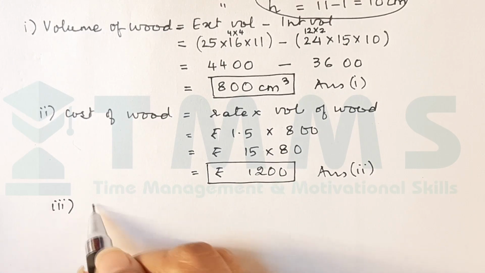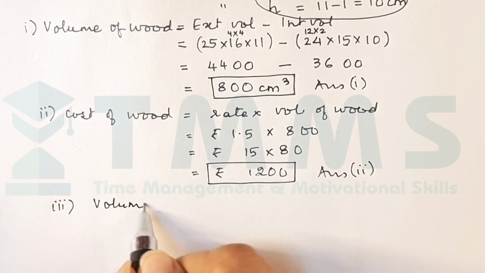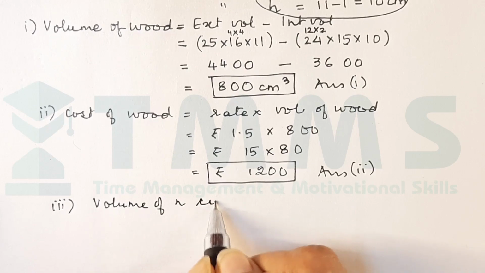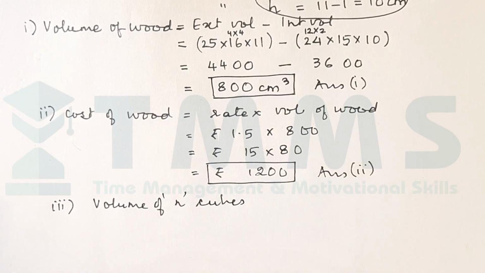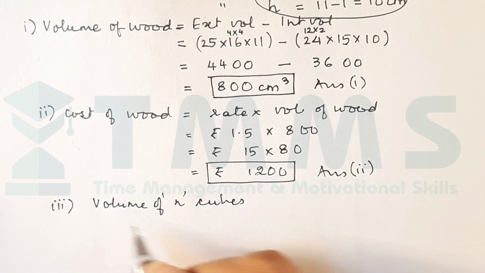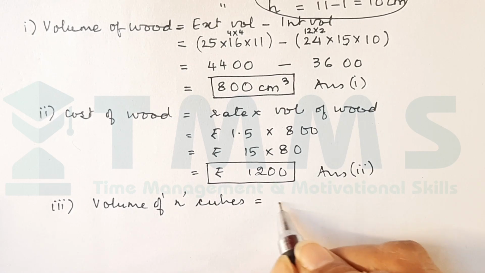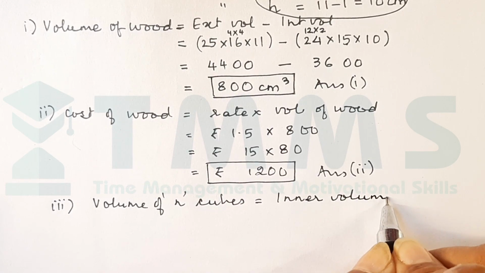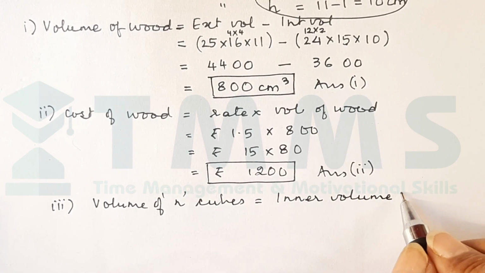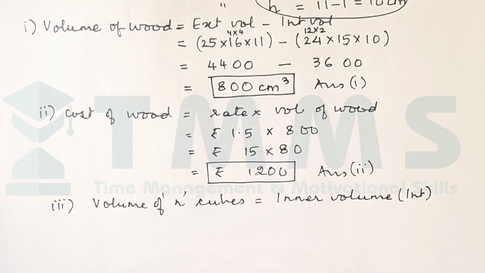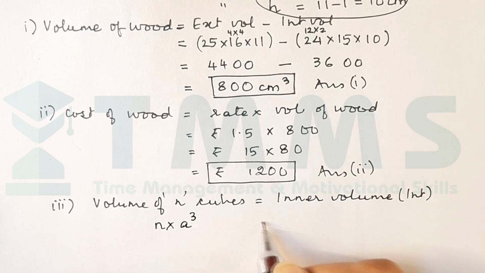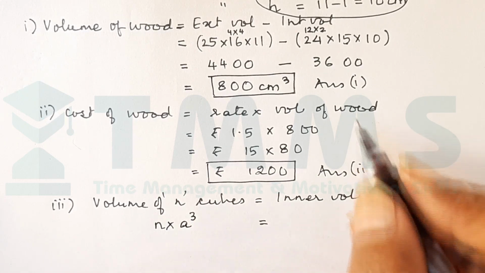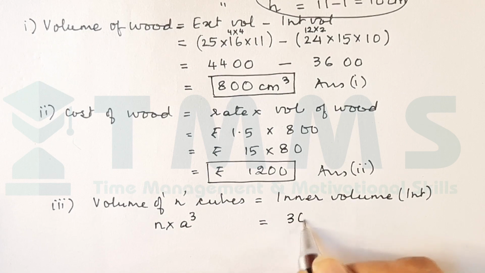What we will say? We will say volume of n cubes. Because we do not know how many cubes are there, we have to find the number of cubes. So we'll say volume of n cubes will be equal to the inner volume, or it will be the internal volume of the box. Okay, so n multiplied by a cube will be equal to inner volume, and inner volume is 3600 centimeter cubes. Yes?